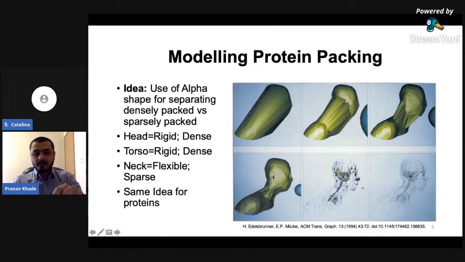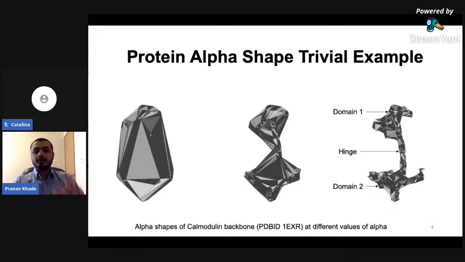And from this surface, we can clearly infer what is the torso and what is the head and what is the neck region in this diagram. And we know that the neck is the most flexible part, because it is not so densely packed.